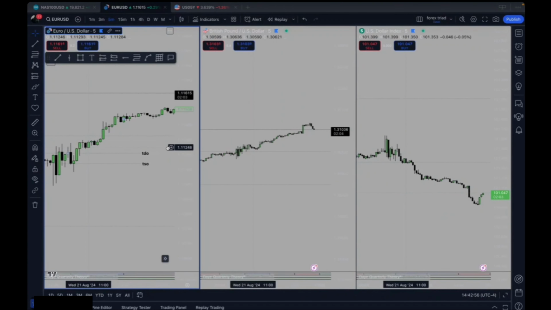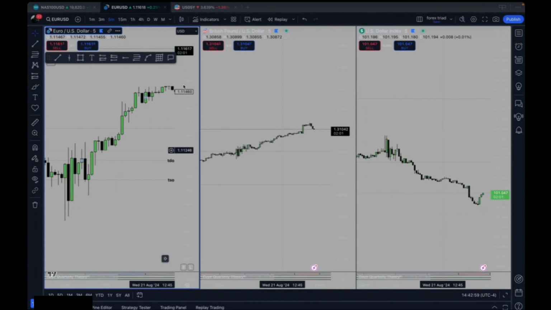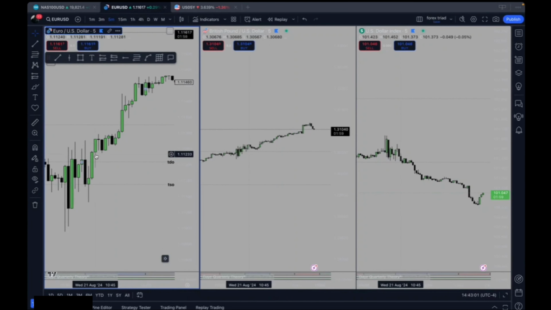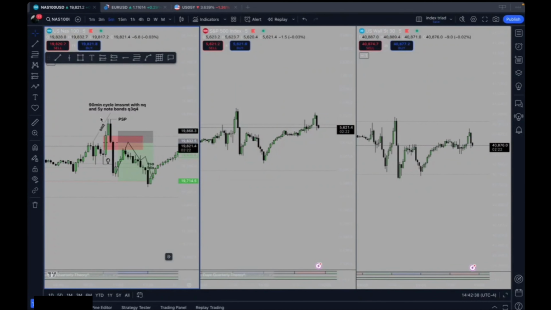Let me zoom in. So this 10:45 candle was an up close green candle, while on the Nasdaq, this candle, exact same time, 10:45, is a down close candle creating a precision swing point and confirming this SMT divergence.